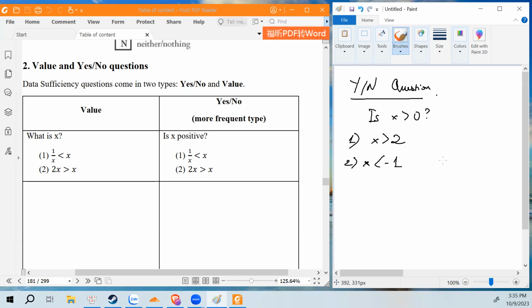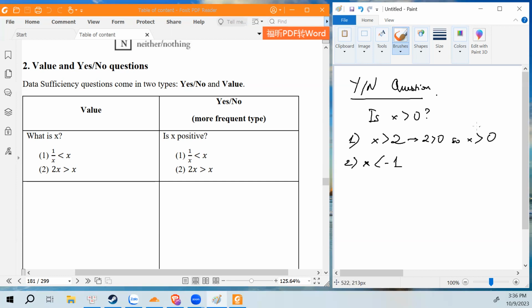So for these yes-no questions, if your answer is always yes, or if your answer is always no to that question, then that still counts as being sufficient. So what does that mean? For statement 1, X is greater than 2, and because 2 is greater than 0, X is always greater than 0.